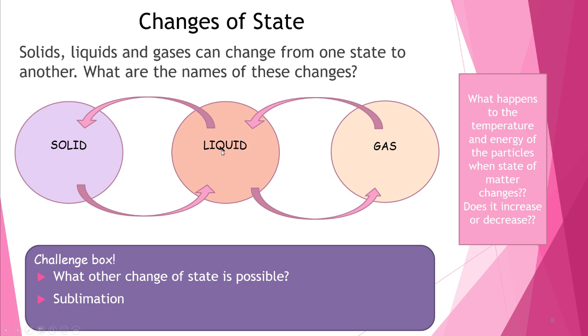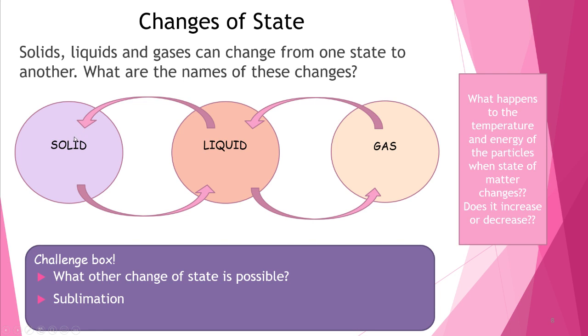Next step is from liquid to solid. Out of these two, liquid particles have more energy compared to solid. So energy and temperature will decrease further, and particles will lose almost all the energy and come very close to each other.